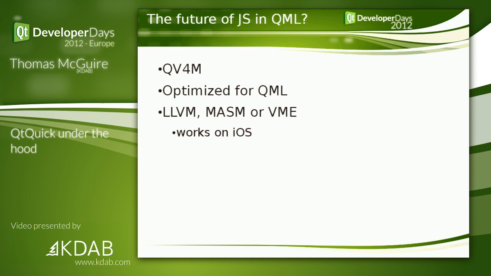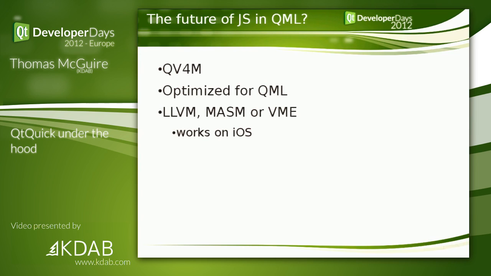The advantage is apps will work on iOS, since this new engine will have a bytecode interpreter, also called a VME here. And of course, a bytecode interpreter is allowed on iOS. If you're not on iOS, you might want something faster, so it can compile into machine code using either LLVM or some custom machine code generator.